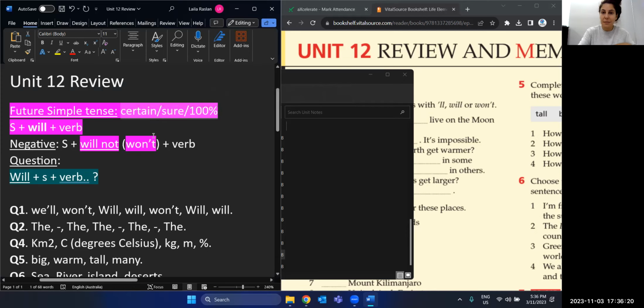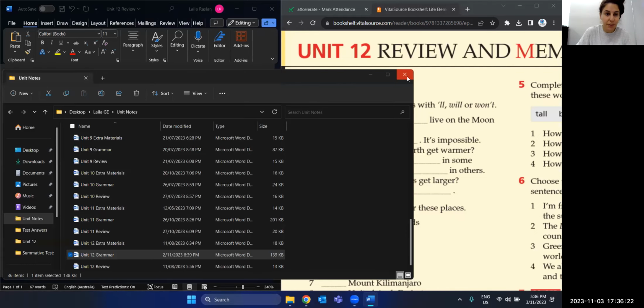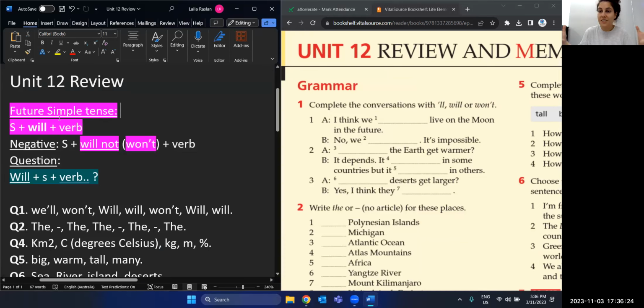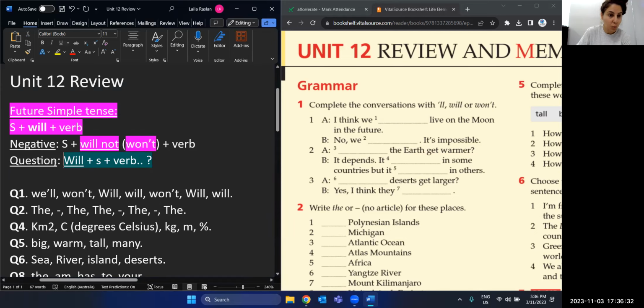Okay, we're talking about something that we're sure is going to happen. It's called the future simple. So it's subject, will, verb. To make a negative, you add will not or won't. And to make a question, it's will, subject, verb.